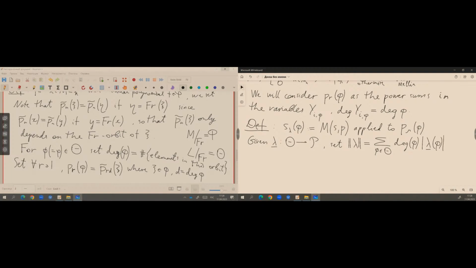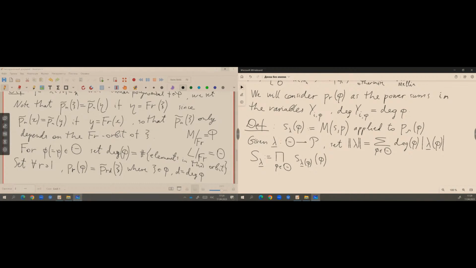And finally, the big Schur function is the product over all Frobenius orbits and characters of the small Schur functions of the corresponding orbit.